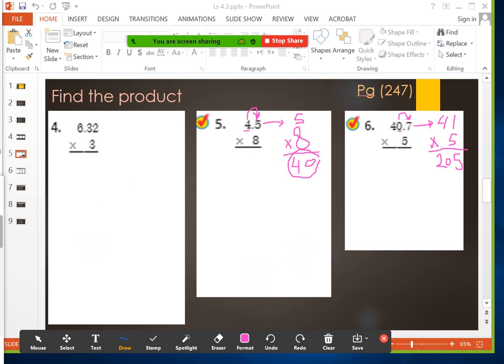This is the estimate. Now, what about the exact answer? Yes, Larissa, what's your question? How do you know when to estimate to the tens or the ones? Here I want to estimate to the nearest whole, that means I want to erase the decimal part.